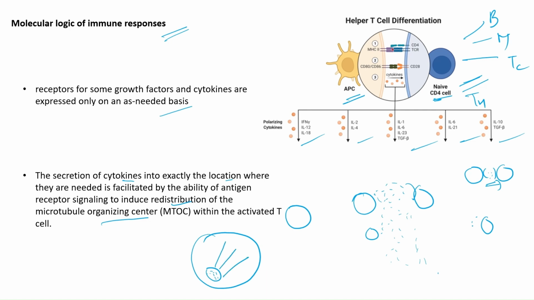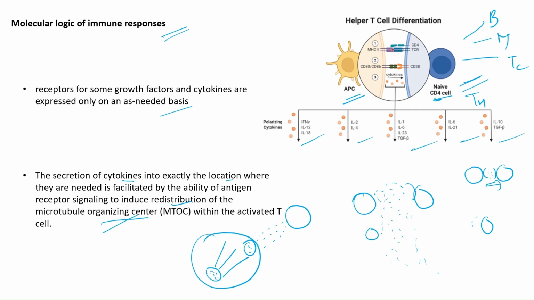It helps to move this vesicle towards this side, so that it will release the cytokines directly in front of the target cell. So that is the function of the microtubule organizing center. Because cytokines are soluble small molecules, they can easily get dispersed and distributed if the target cell is very far away.